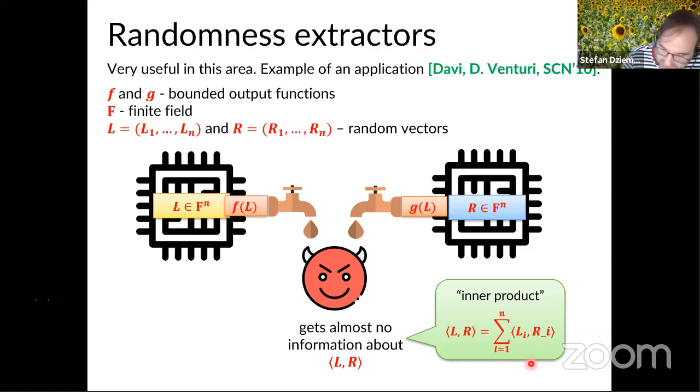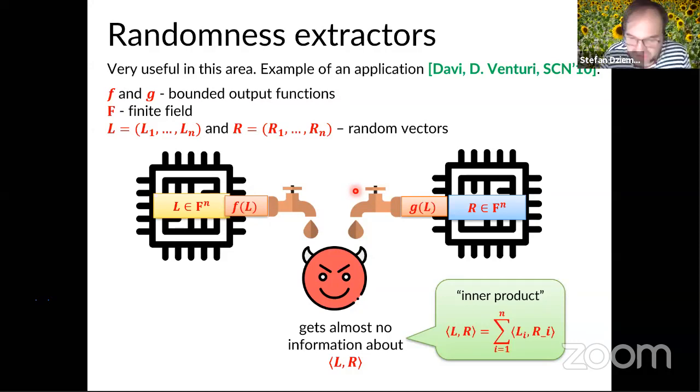So what it basically means is that I can secret share a value on two devices in such a way that even if they are both leaky, the adversary will not learn this value. This inner product is defined in the standard way. The simplest way to think about this is over Z2, because then the inner product is just: you look at how many positions are equal to 1 in both vectors, and you check whether that number is even or odd.